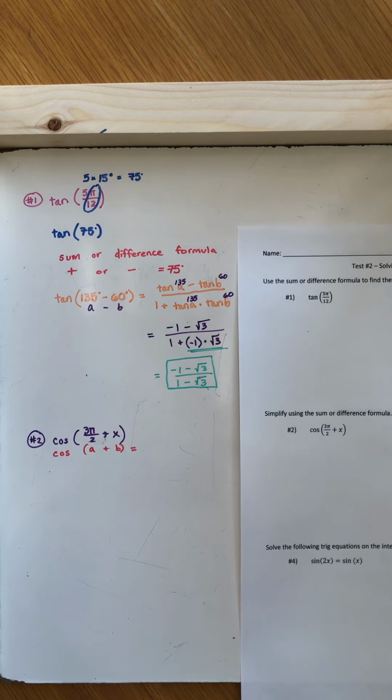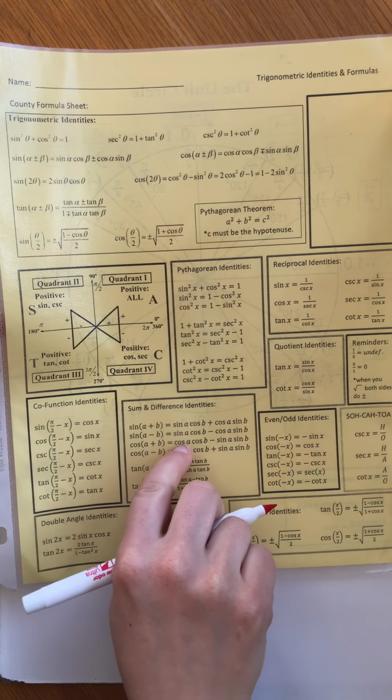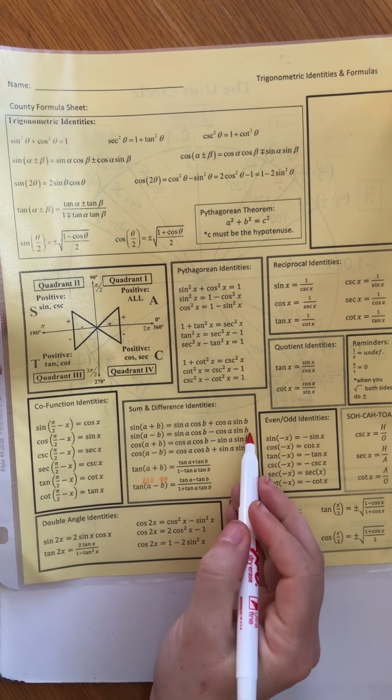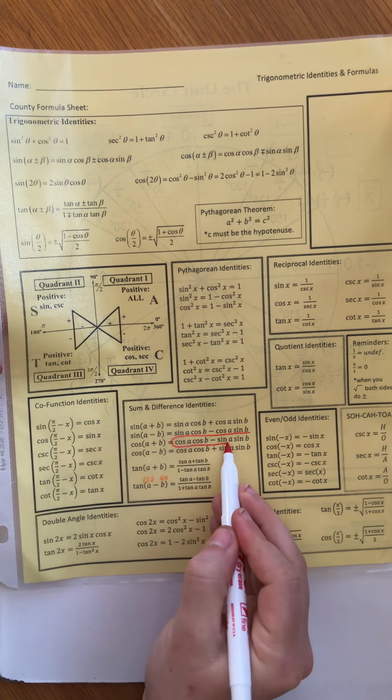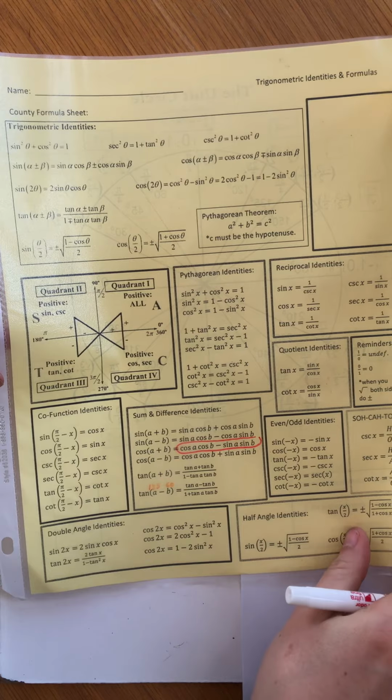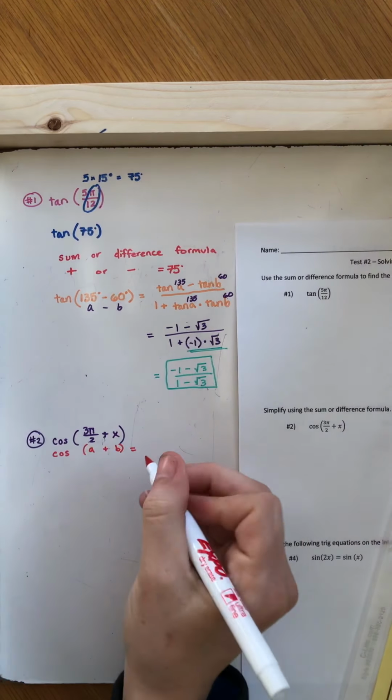The formula for cosine A plus B is cosine A cosine B minus sine A sine B.